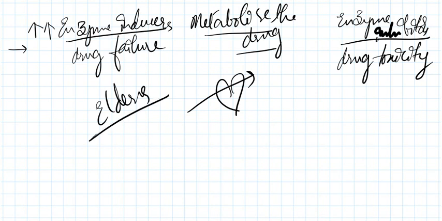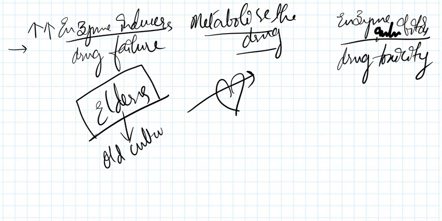If the enzyme inducers are present with the husband and wife, they will keep all sorts of old culture. They will say you should keep muhurtam for the first night.